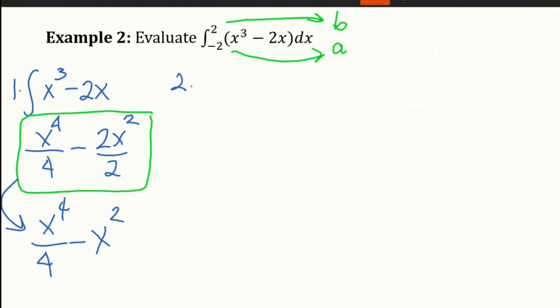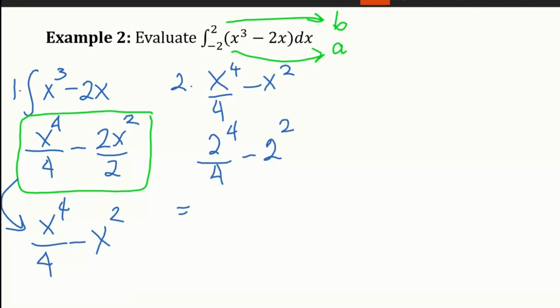And if we're going to substitute b to all the x values of our integrated function, x to the 4th power divided by 4 minus x squared, we will have 2 to the 4th power over 4 minus 2 squared.